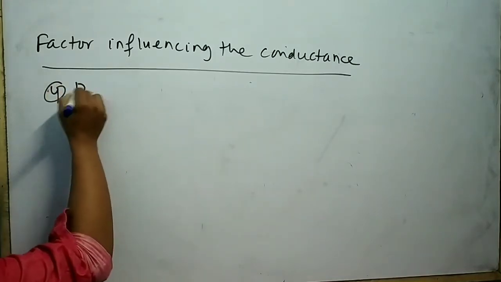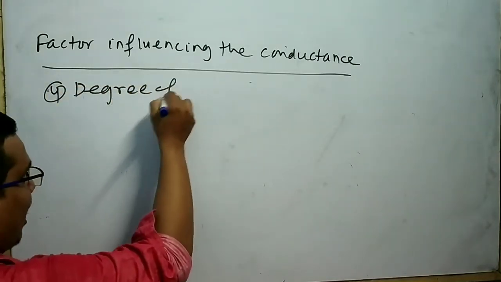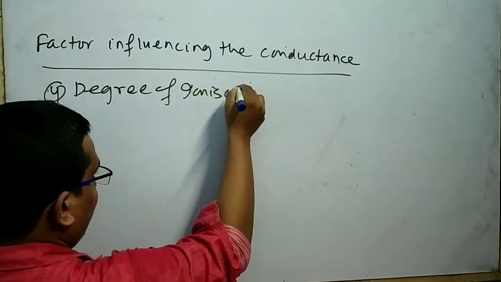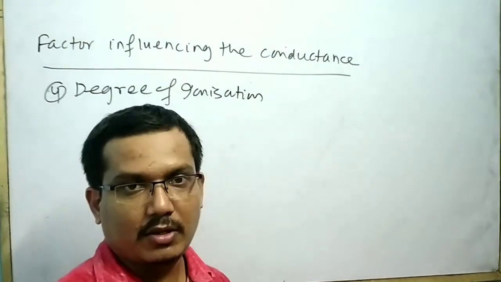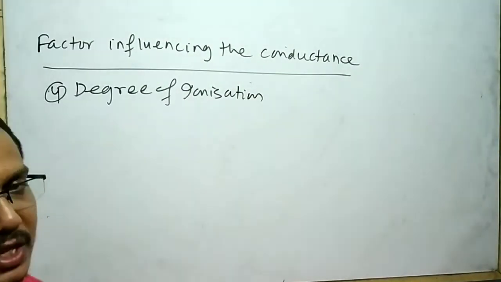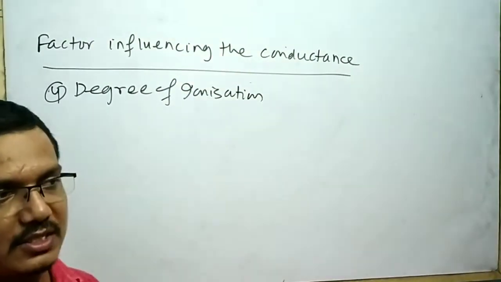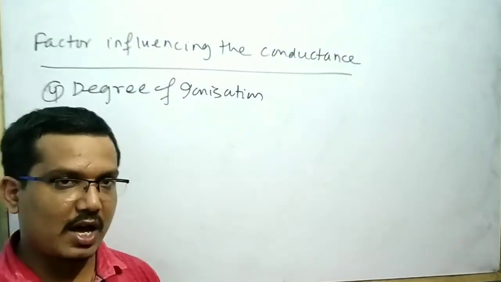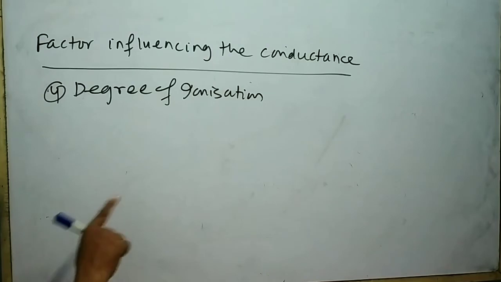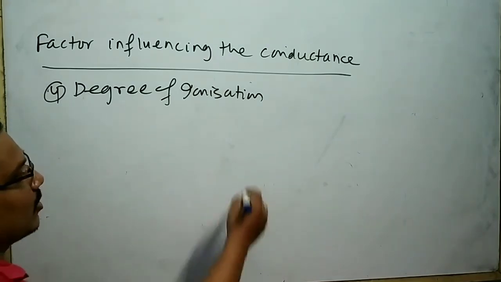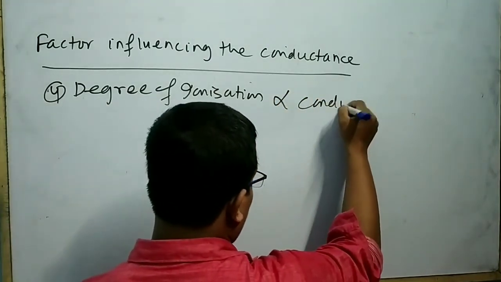Next factor is degree of ionization. More is the degree of ionization, means more is the dissociation of the electrolyte. That means more is the ion. More is the ion, more is the conductance. So we can write more is the degree of ionization, more is the conductance.